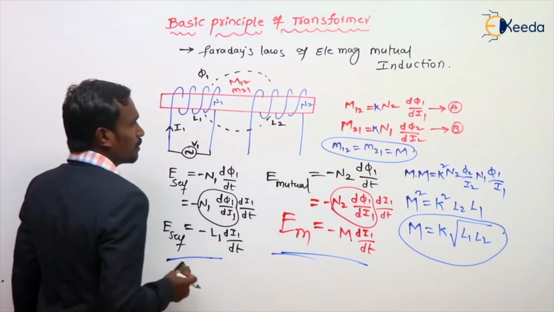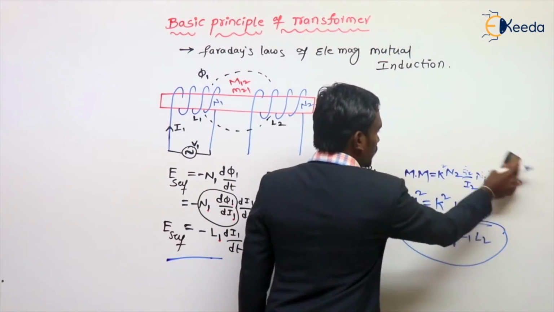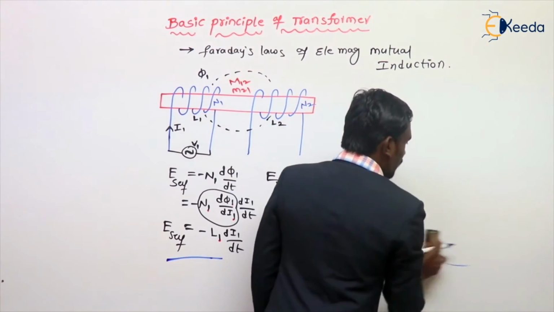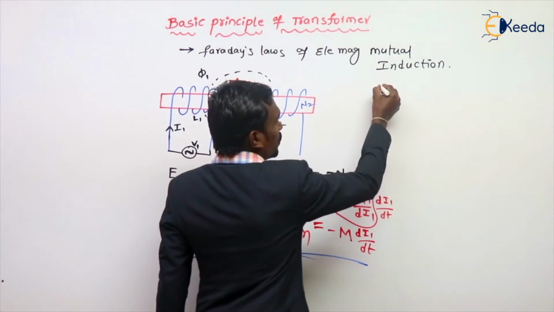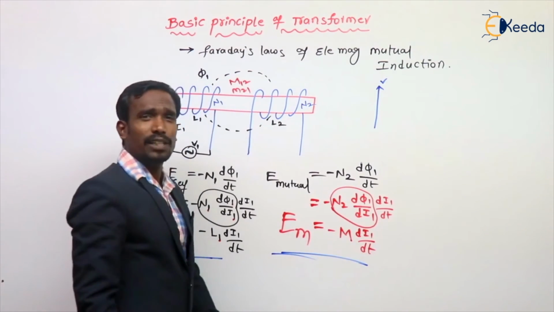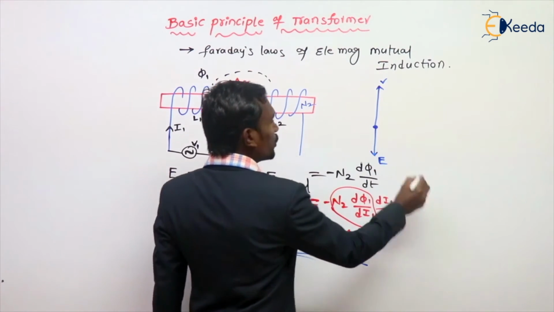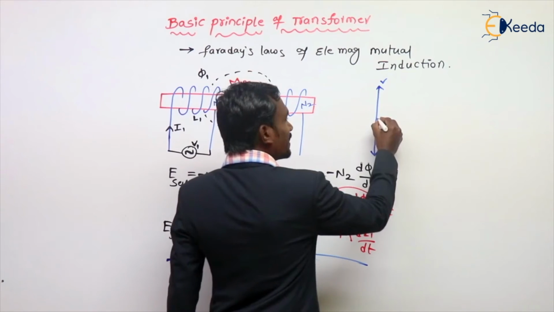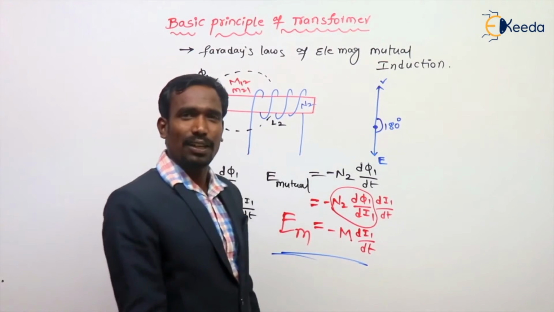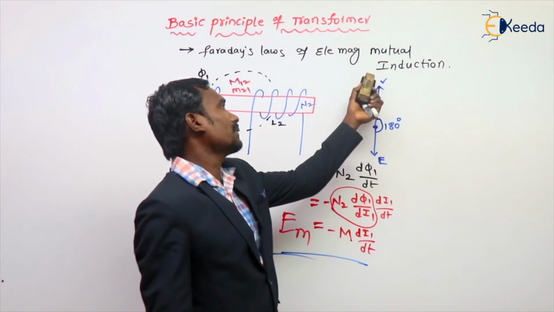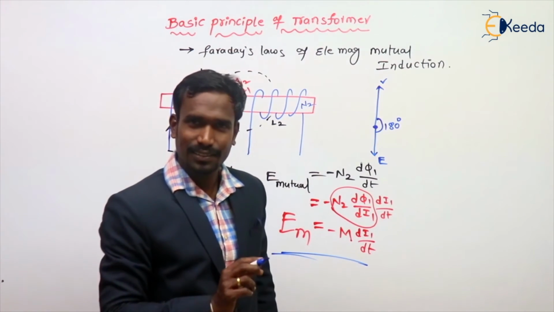The angle, or the phase displacement, between supply voltage and induced voltage is 180 degrees. The phase shift between supply voltage and induced voltage is 180 degrees.